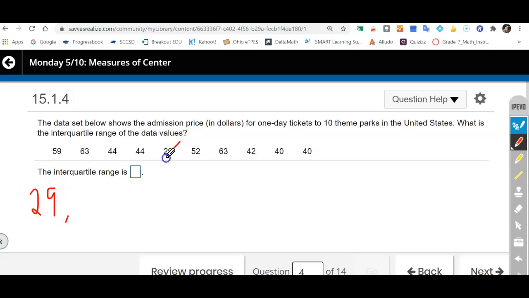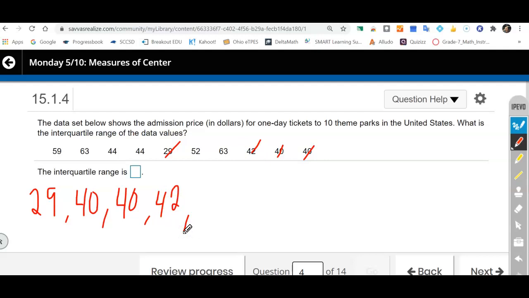29. I'm going to cross them off as I go. What's my next one? Wow, thanks for helping, people. What's my next number? 40. Another 40. Next number?